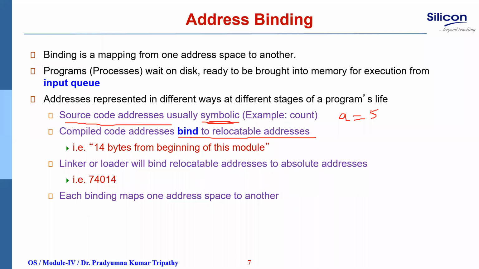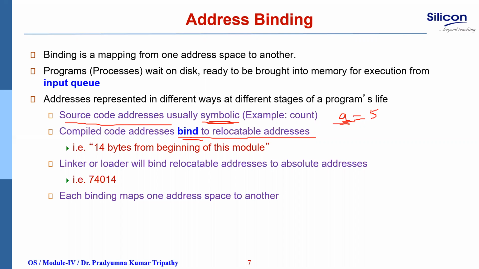Whether it will be 20 bytes from the beginning of this memory or 30 bytes from the beginning of the module, the exact location from where it starts needs to be given at the time of compilation. So there is a need to bind the symbol with this address, and that is known as binding. Compiled code addresses bind to relocatable addresses.